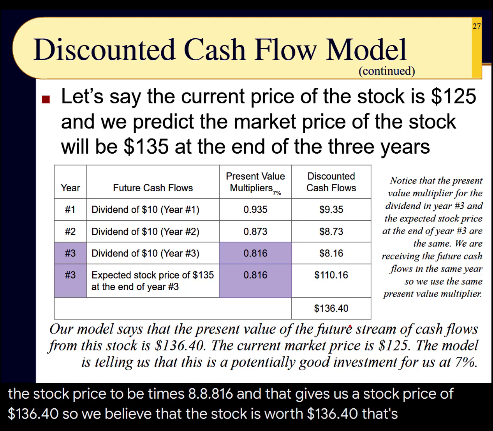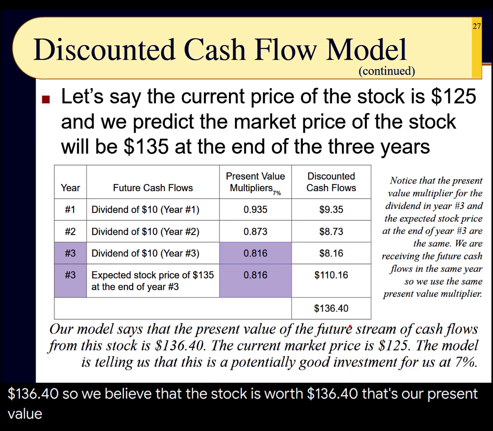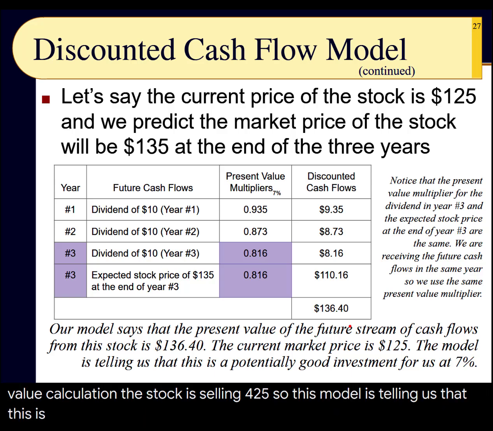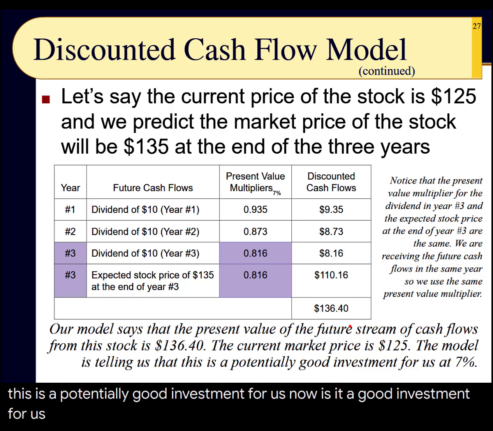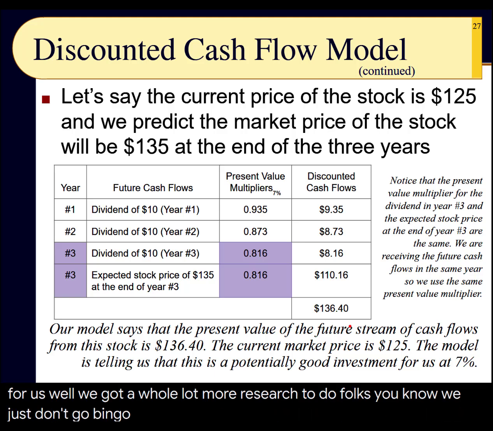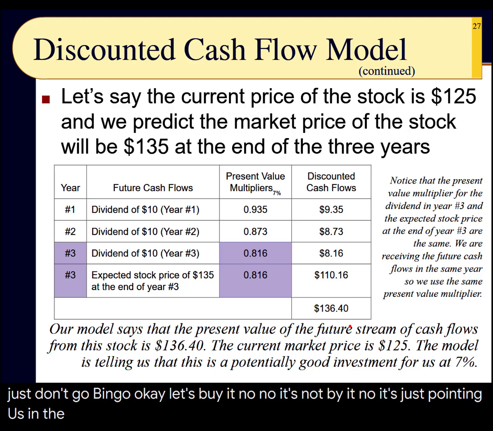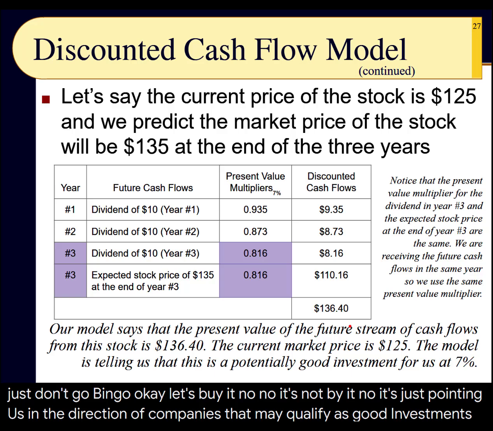That's our present value calculation. The stock is selling for $125, so this model is telling us that this is a potentially good investment for us. Now, is it a good investment for us? Well, we got a whole lot more research to do, folks. We just don't go, bingo, okay, let's buy it. No, or no, let's not buy it. No, this is just pointing us in the direction of companies that may qualify as good investments for us.